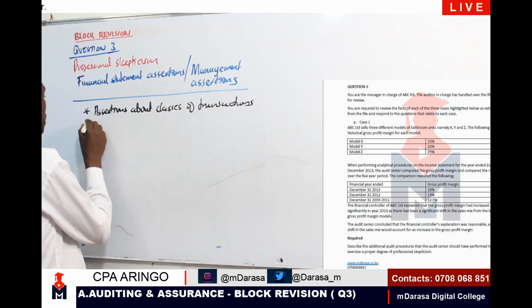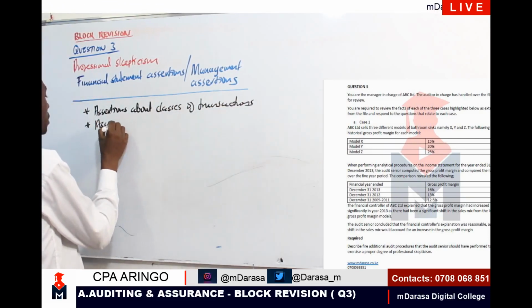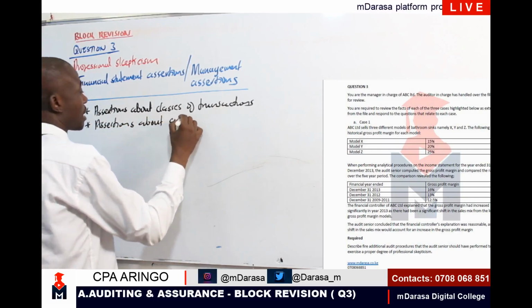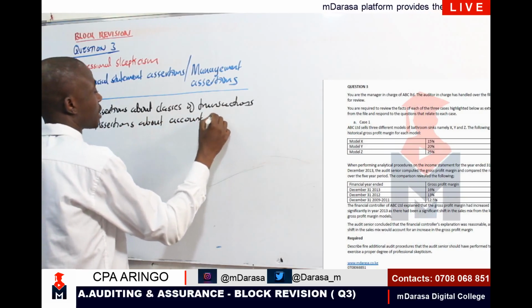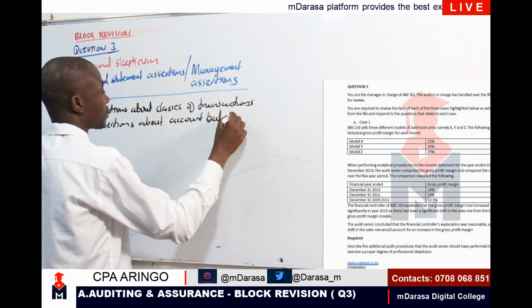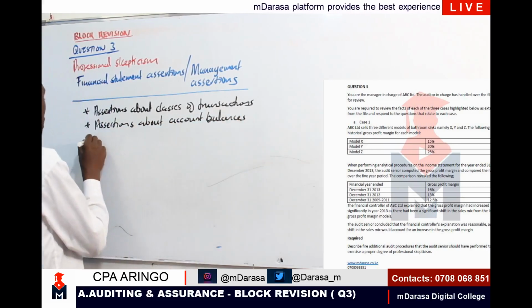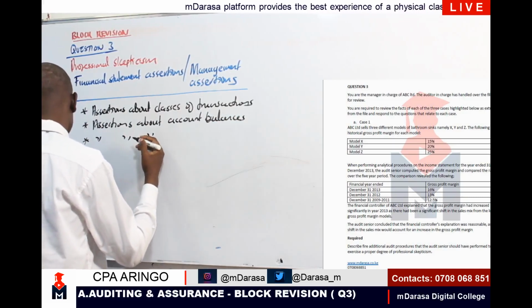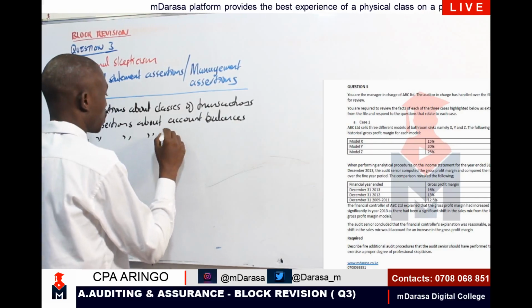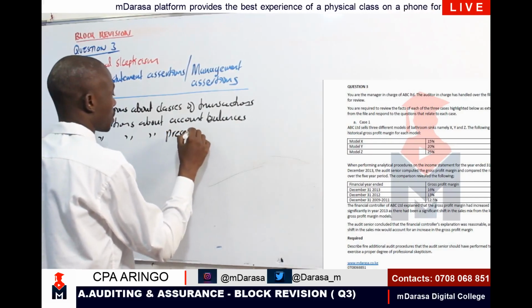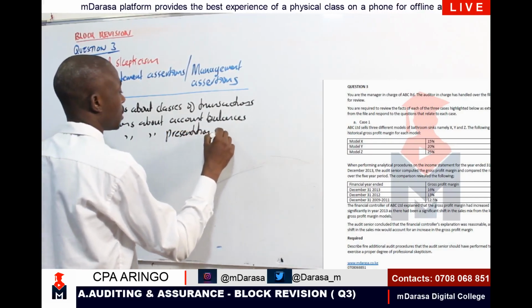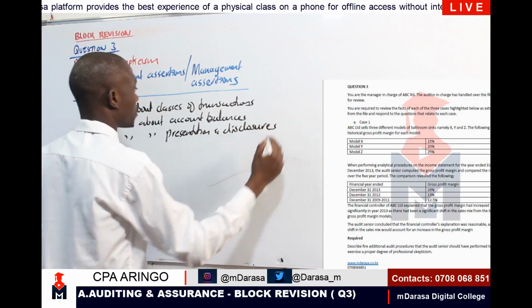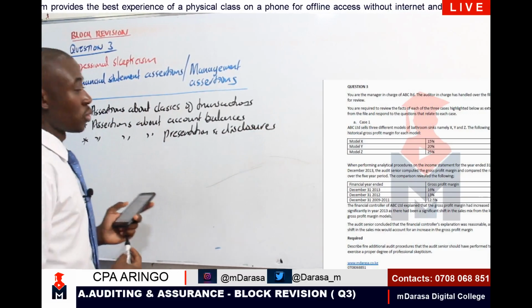Number two, we look at assertions about account balances. And finally, we talk about assertions about presentation and disclosures.